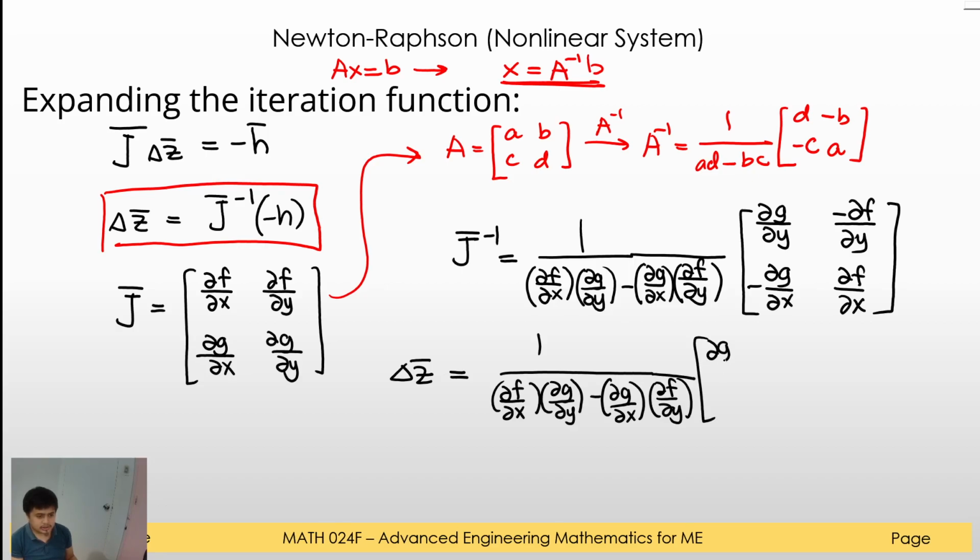And then the matrix with del g over del y, negative del f over del y, negative del g over del x, and del f over del x, multiplied by the negative of h. The negative can be multiplied to the scalar, so we can distribute this negative sign and effectively swap the signs of our denominator here. This will be positive, this will be negative, and then the h will be the f function and the g function.